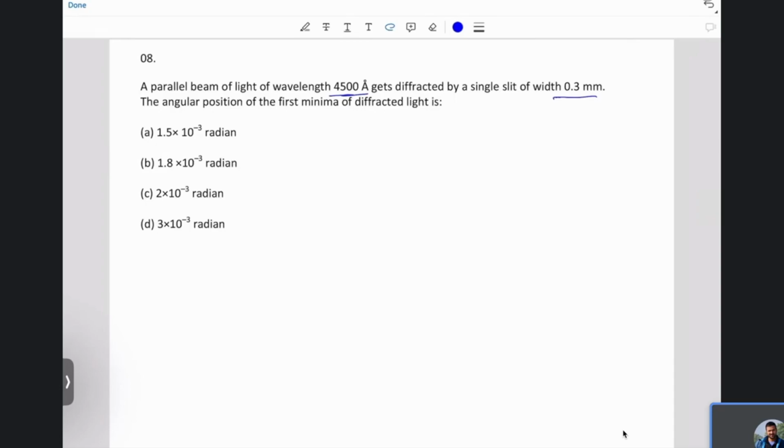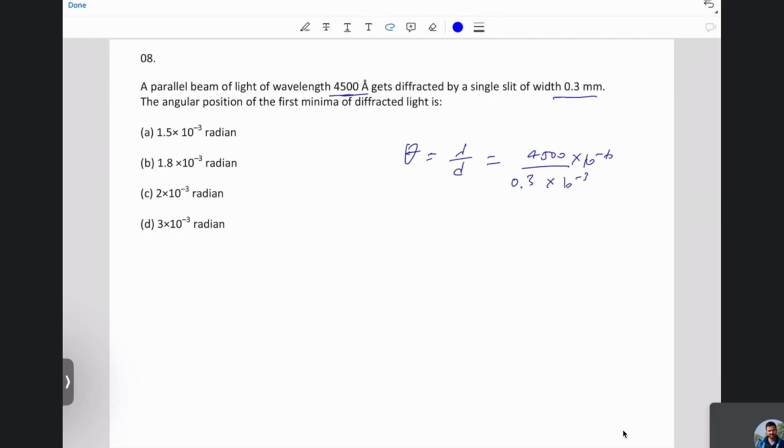The angular position of the first minima of diffracted light. So the angular position of the first minima is just lambda by d, right? Very simple problem. So 4500 divided by 0.3. So here you have 10 to the minus 10.